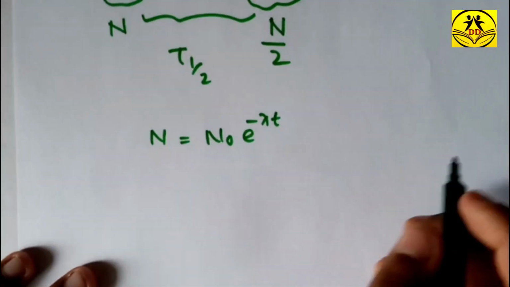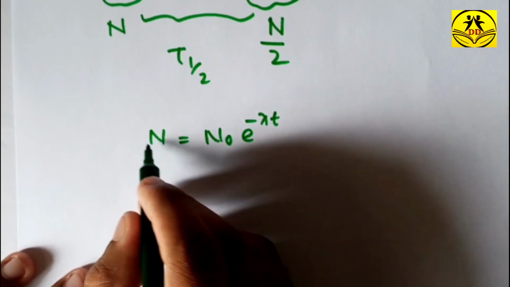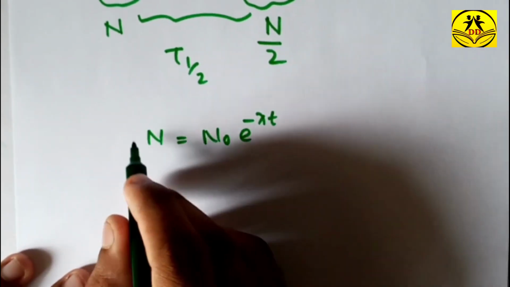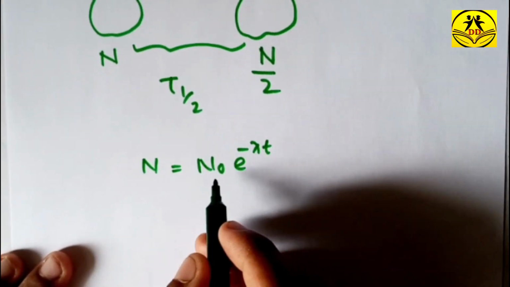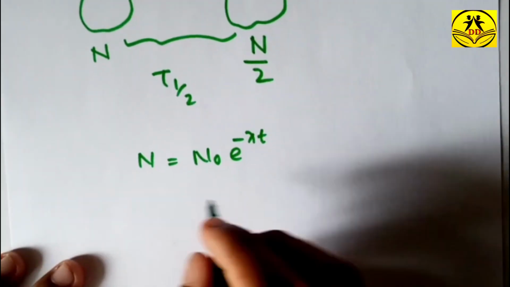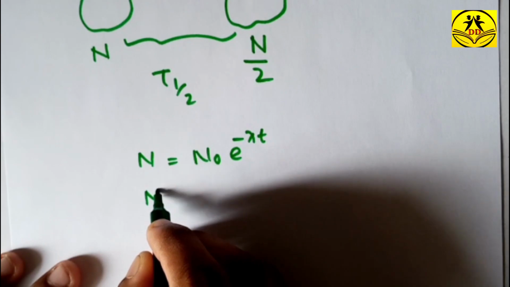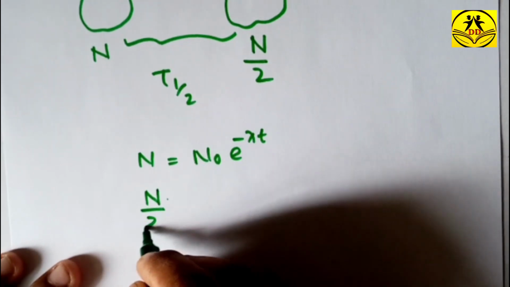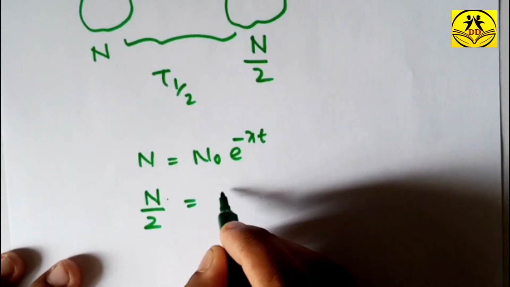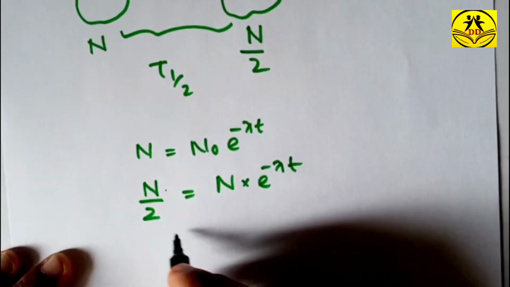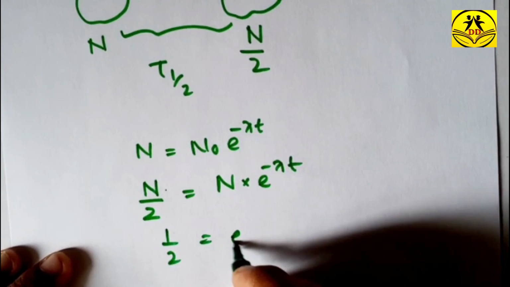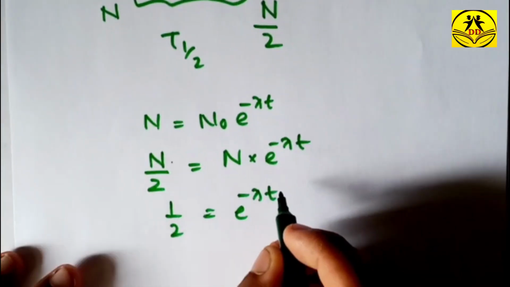We know that the number of existing nuclei is now equal to half of the initial number, so we can write N naught by 2 is equal to N naught into e to the power minus lambda t. We can write half is equal to e to the power minus lambda t.